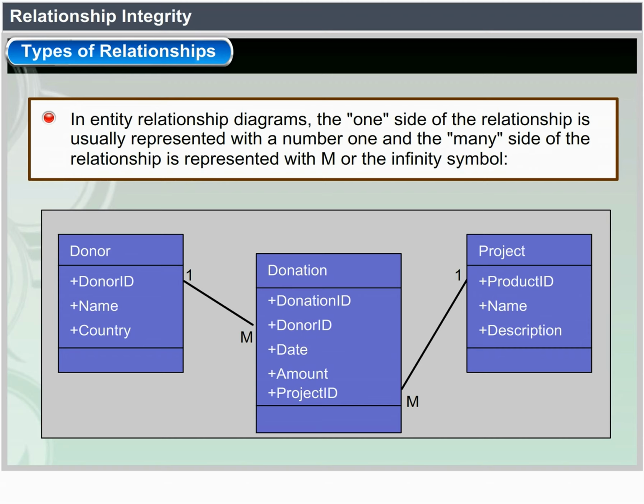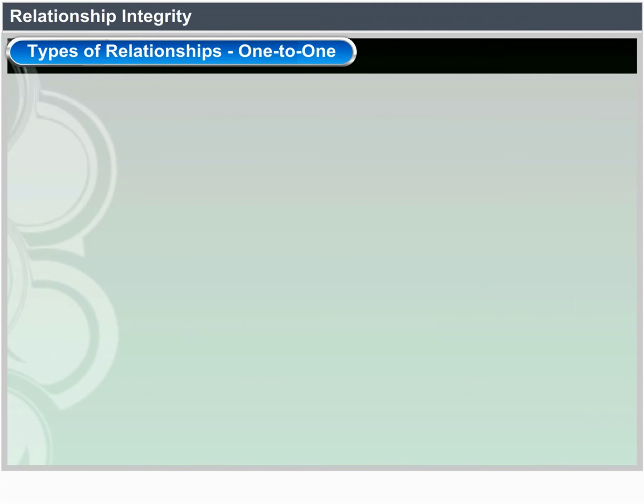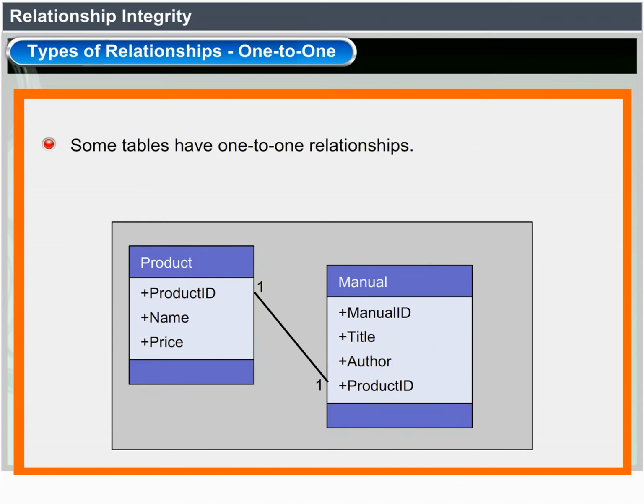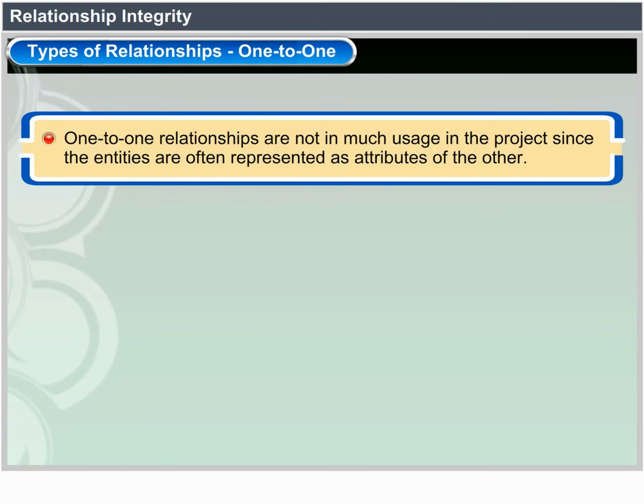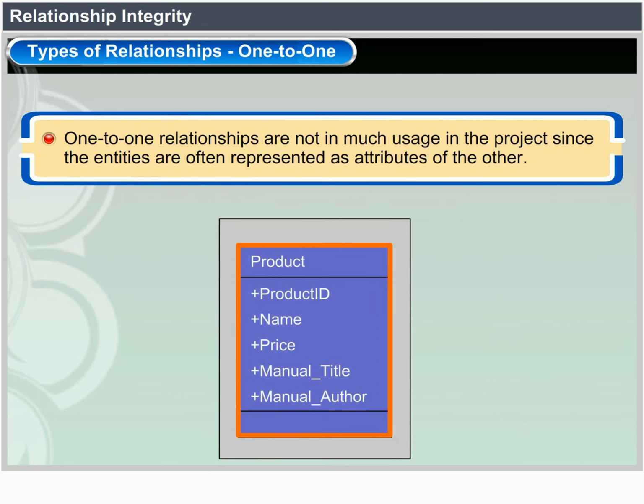Types of relationships: 1-to-1. Sometimes relationships are 1-to-1. Suppose that each of the manufacturer's products comes with one and only one user manual, and each manual only describes the product it accompanies. 1-to-1 relationships are somewhat rare, since one of the entities can often be represented simply as attributes of the other.